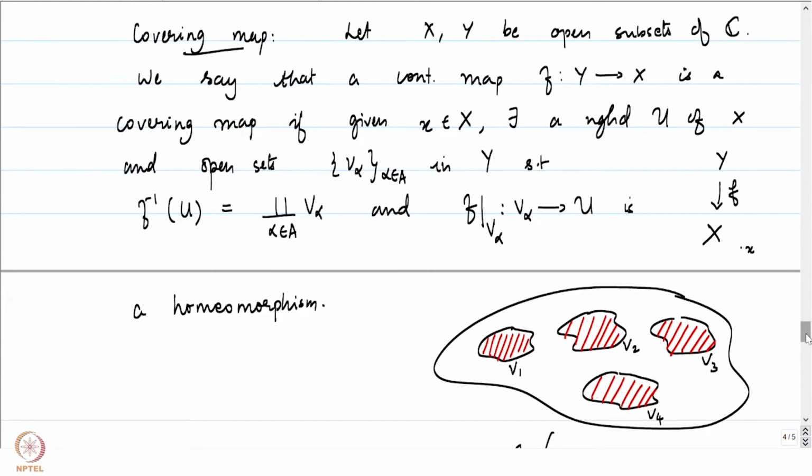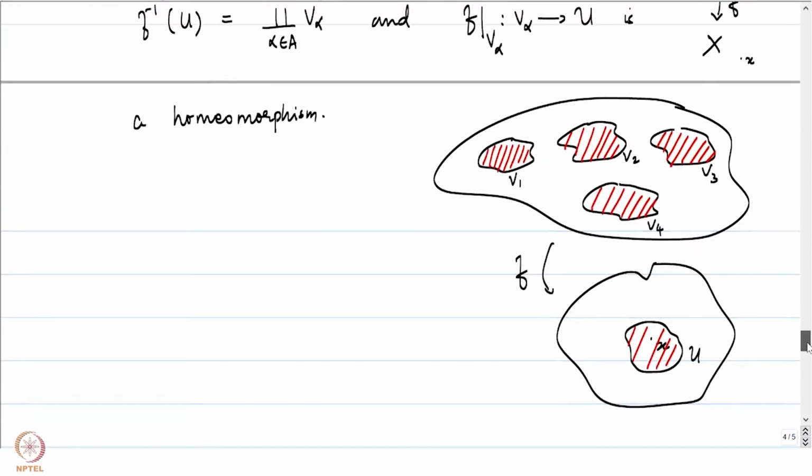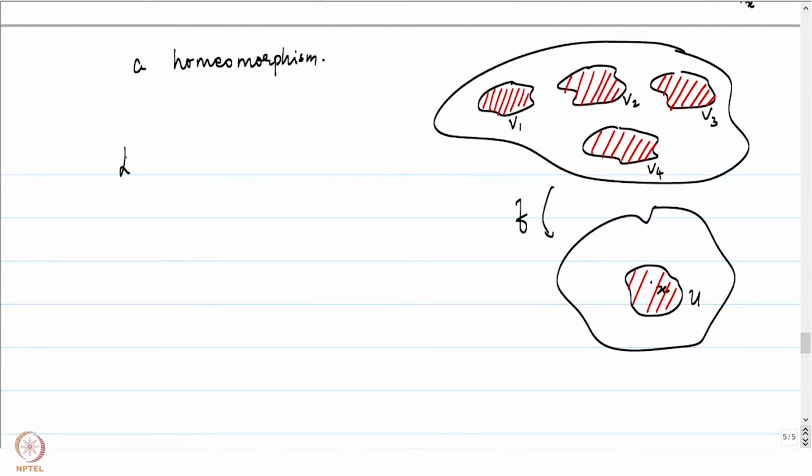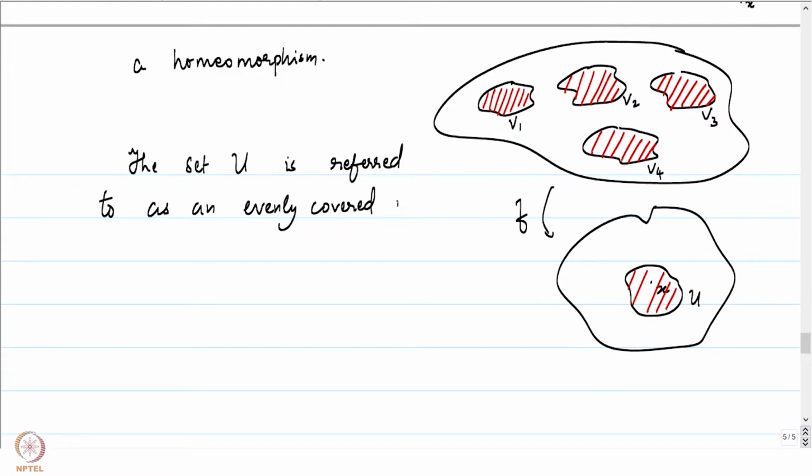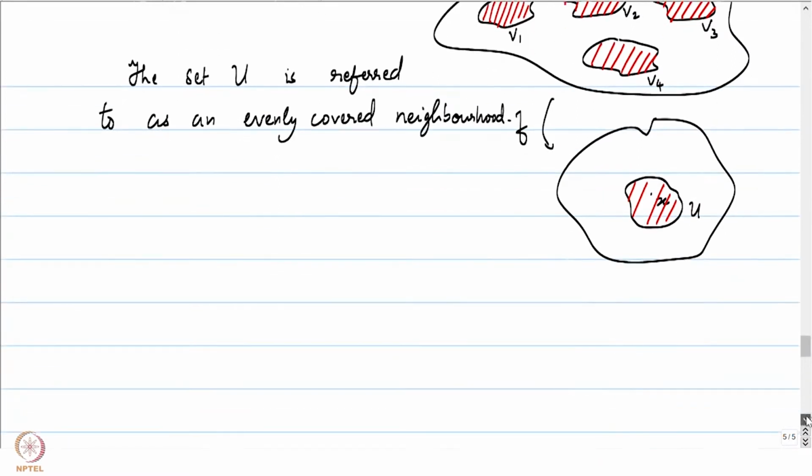This open set U is called an evenly covered neighborhood. The name is motivated from the way it's covered.